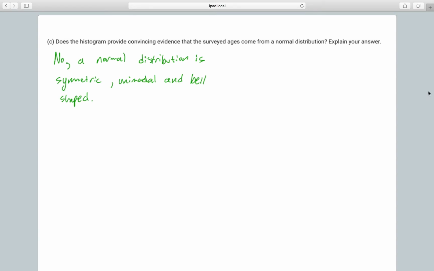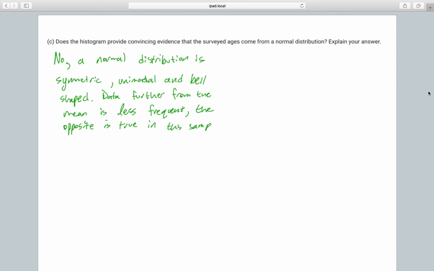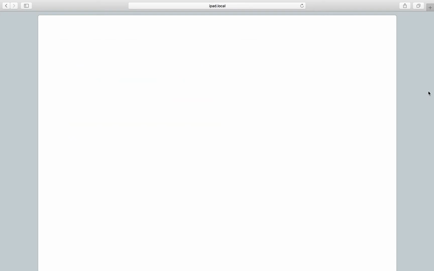We can also say, right, so that means that data further from the mean is less frequent, and the opposite is true in this sample. All right. I think that's good.